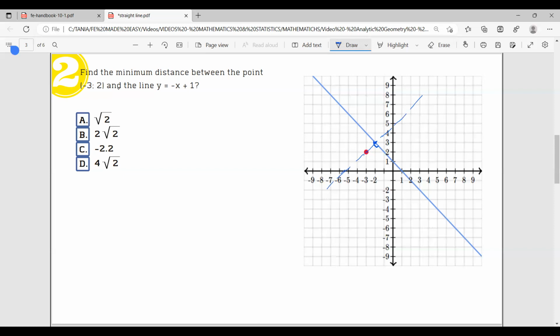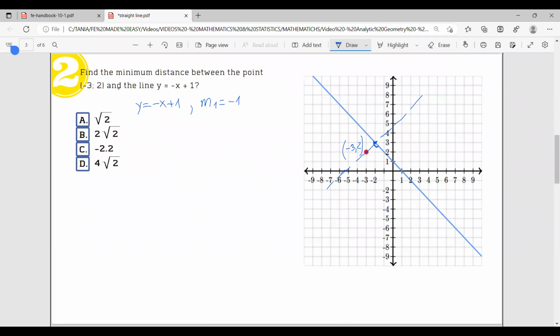So let's think about it. How do we approach this problem? We have this point here, minus 3, 2, and we have the equation of this line here. If I rewrite this, minus x plus 1, this means that m1 equals minus 1.